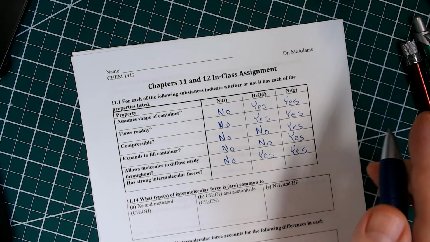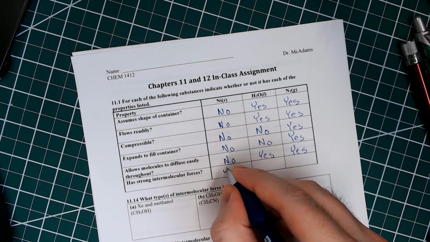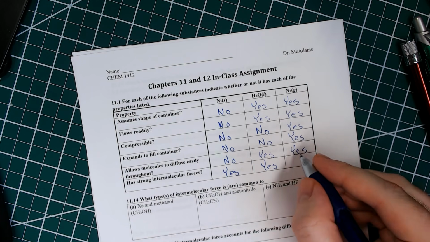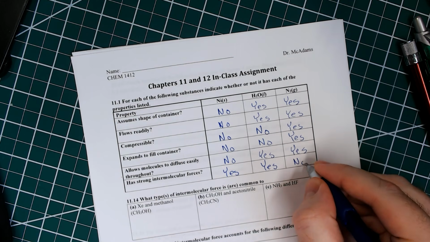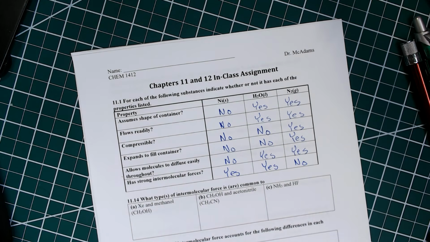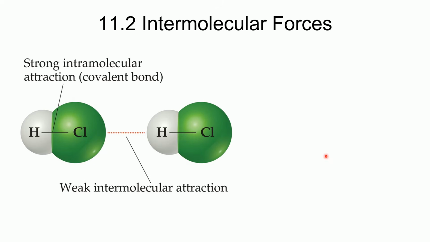Well, we'll find that the condensed phases of solids and liquids do have strong intermolecular forces, so yes and yes, whereas gases, no, they do not have strong intermolecular forces. All right, well, now that we've done that, we're going to go back and look at the difference between intermolecular forces and intramolecular forces.